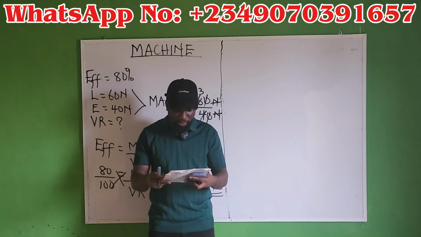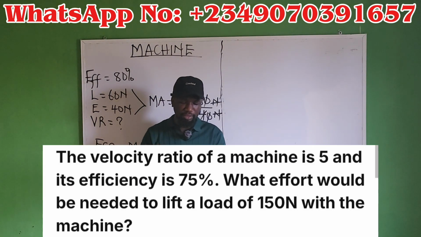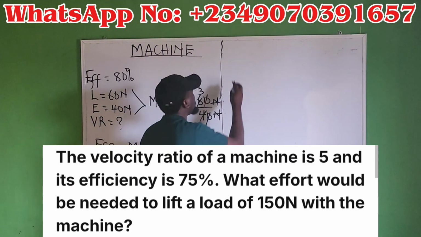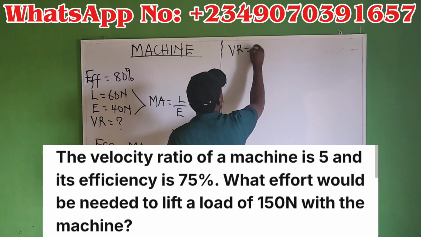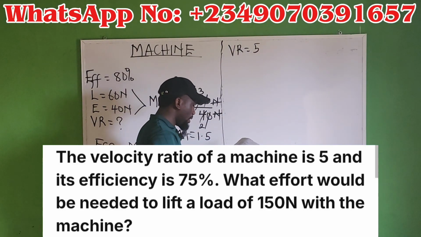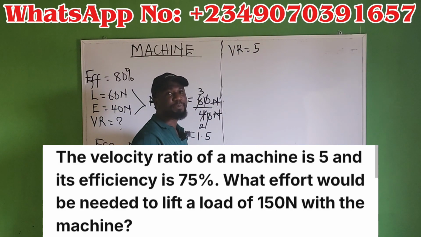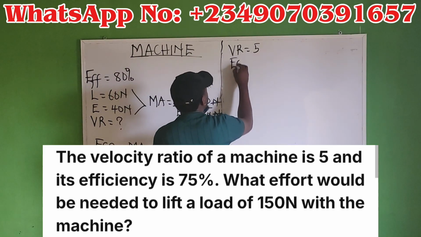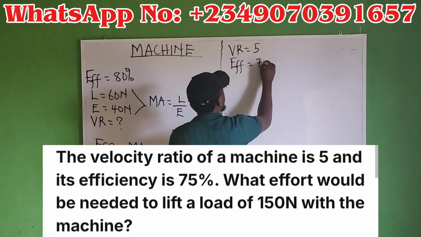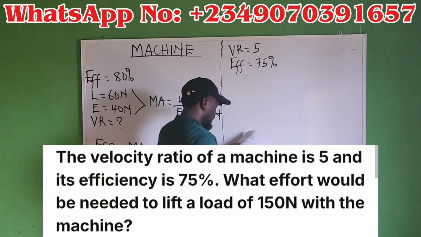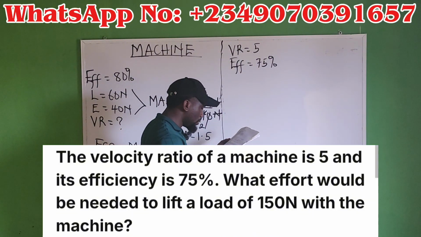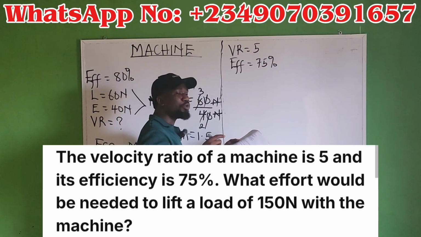So the second question says the velocity ratio of a machine is 5, and its efficiency is 75%. What effort would be needed to lift a load of 150 Newton?